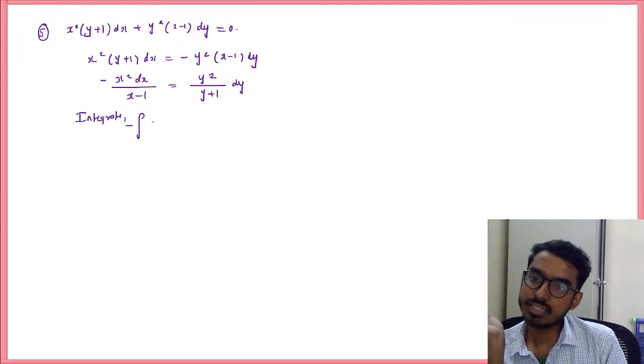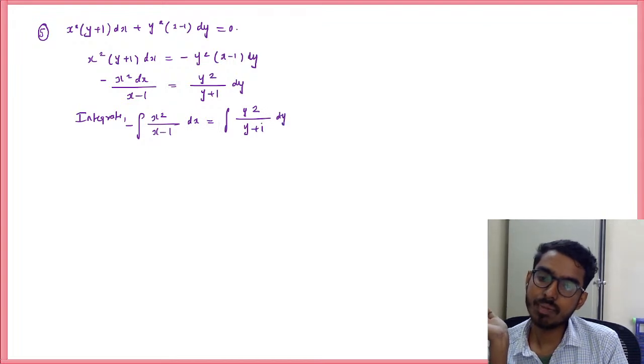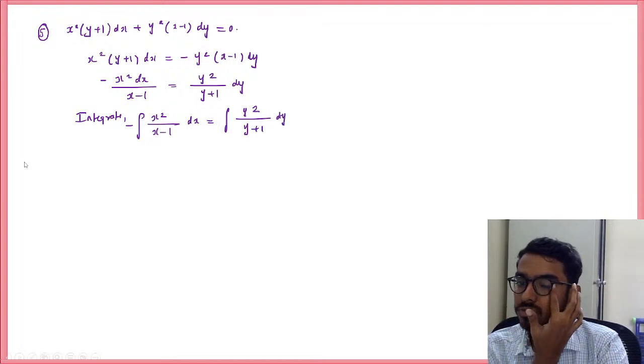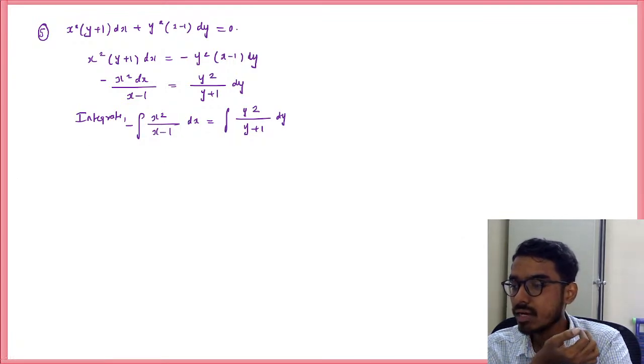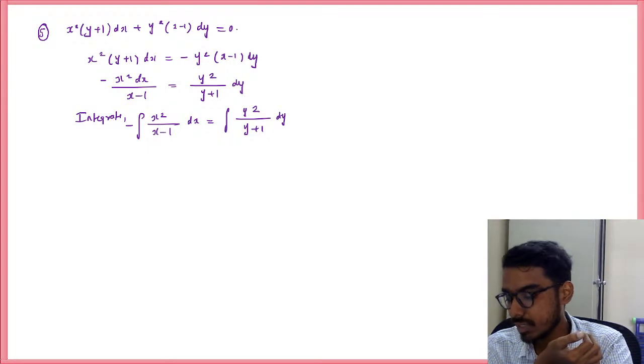Let us keep this: integration of x square divided by x minus 1 dx is equal to minus integration of y square by y plus 1 dy, right? So again, you can see both are rational functions, because the numerator and denominator are both functions of x, and in the second case, both numerator and denominator are functions of y.